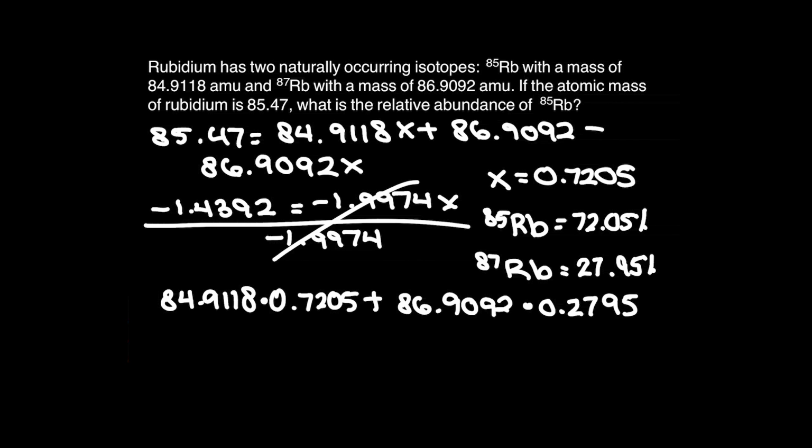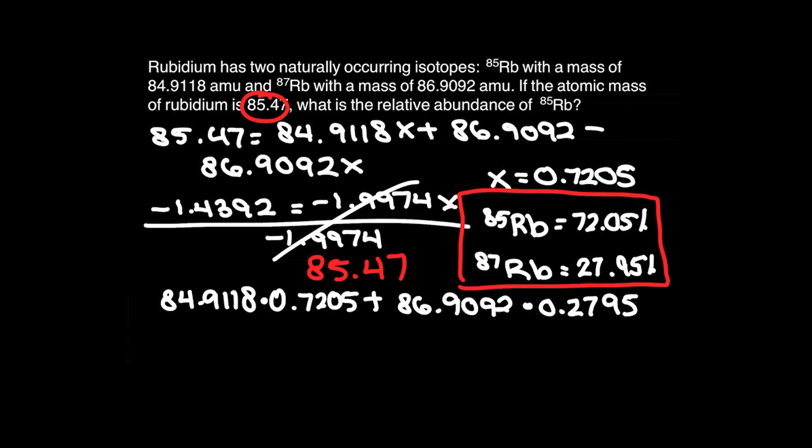And we should get 85.47 as the average atomic mass of rubidium. Now we're going to plug this into our calculator and see if we got the right answer. And we get that the answer is 85.47, which we can see is correct, so that we know these abundances here are indeed correct.